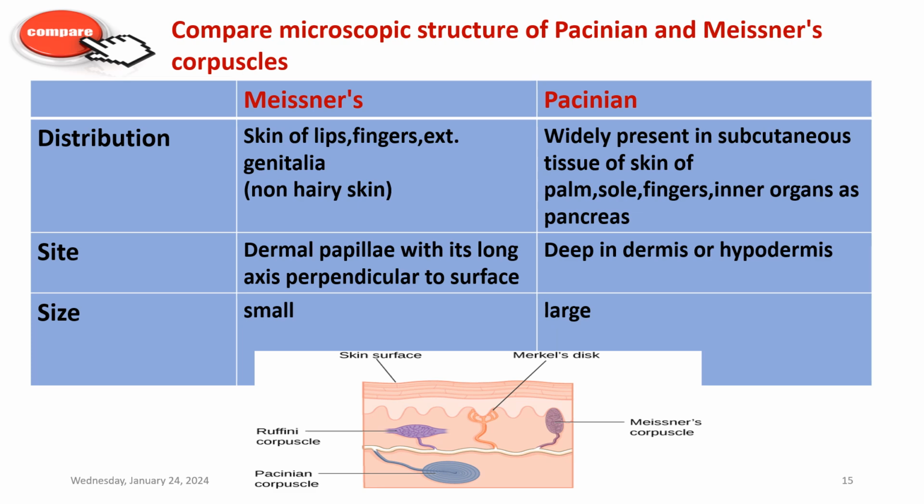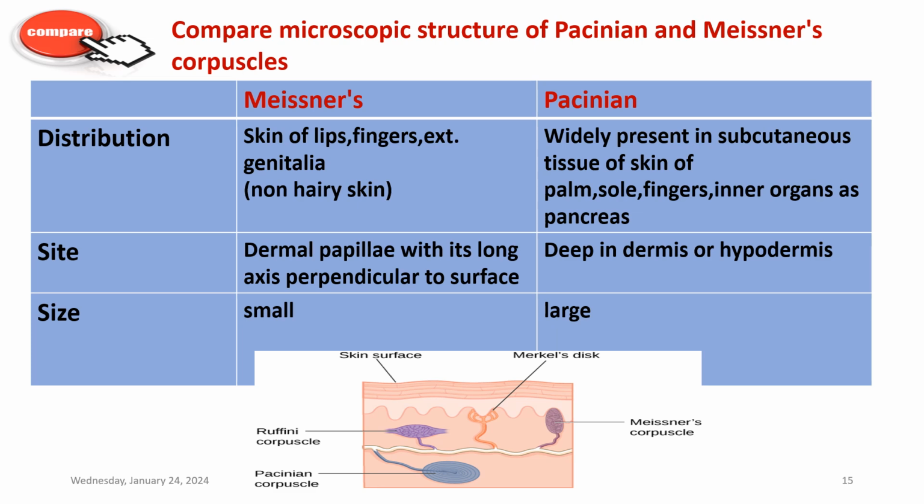As regards distribution, Meissner corpuscle can be found, as I have mentioned, in the skin of lips, fingers, external genitalia, non-hairy skin. But what about Pacinian corpuscle? They can be widely found in the subcutaneous tissue of the skin, of the palm of the hand, of the sole of the foot, in the fingers, and in inner organs such as the pancreas.